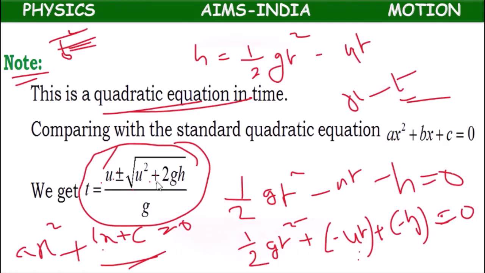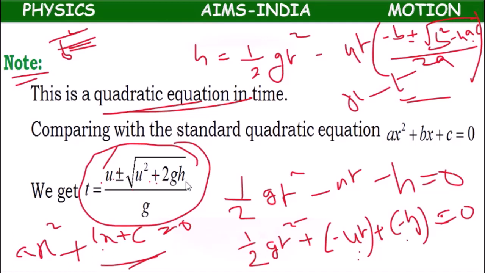Just a minute, children, the formula is minus b plus or minus root of b square minus 4ac by 2a. This is the formula for roots. In minus 4ac, a is half g and c is minus h. If you multiply, 2gh will come, divided by g. Like this we can find the time.